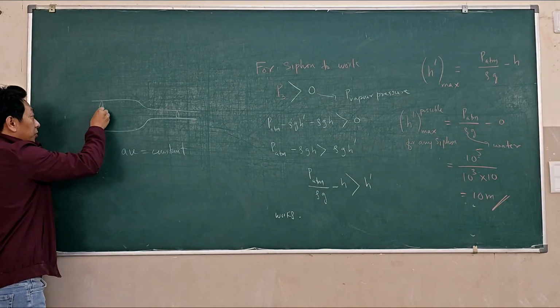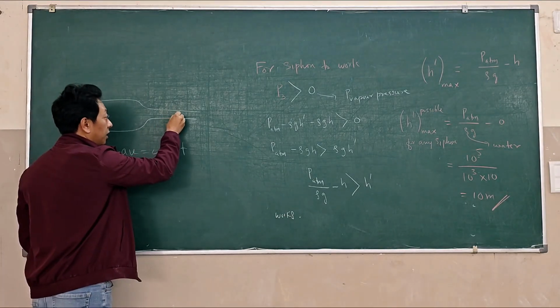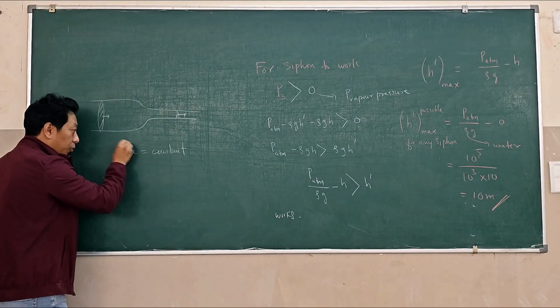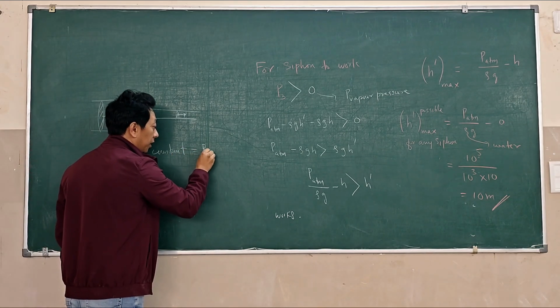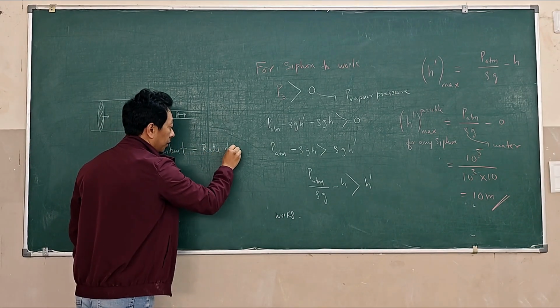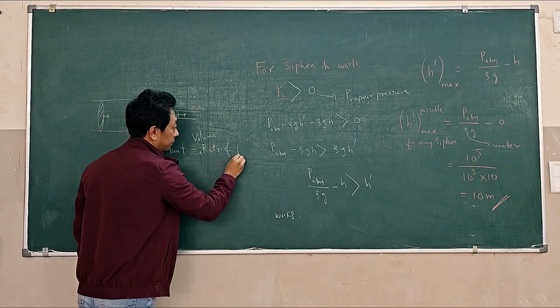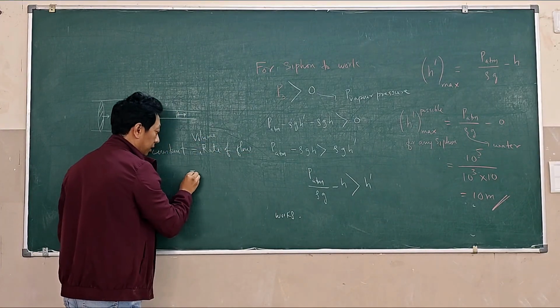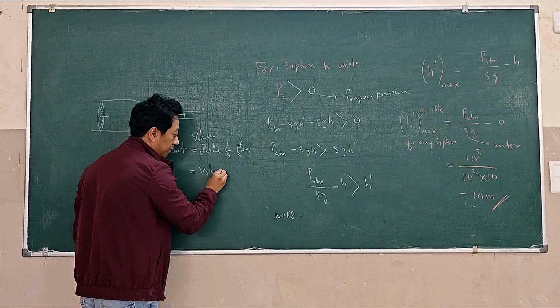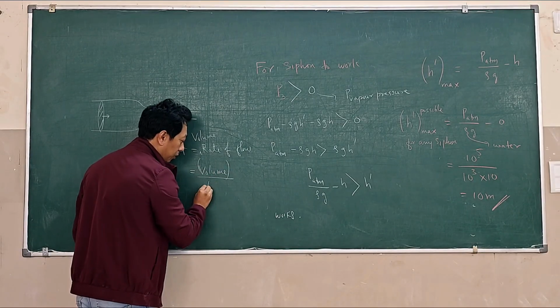This area into velocity or this area into velocity, that product is called rate of flow. Rate of flow here means volume rate of flow. That means how much volume comes out per unit time.